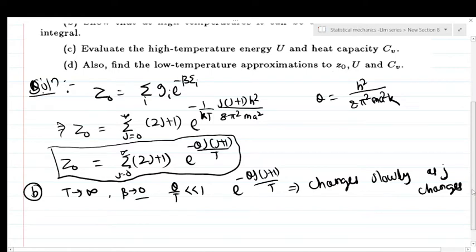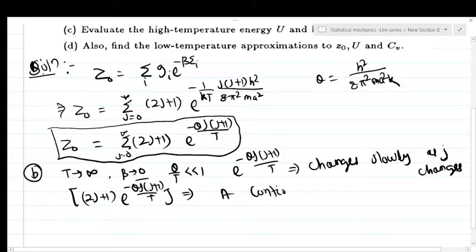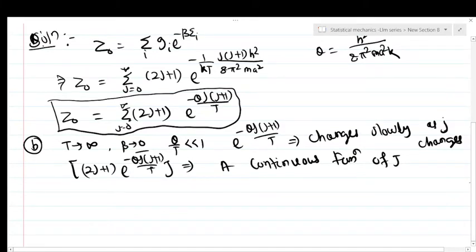So we can approximate (2j plus 1) e to the power minus theta j(j+1) by T as a continuous function of j. Suppose x is equal to j(j+1), then dx will be (2j plus 1) dj.